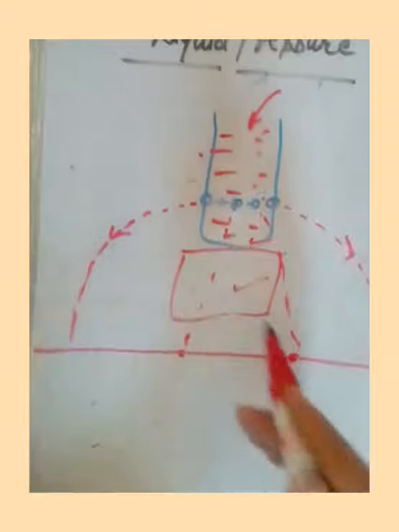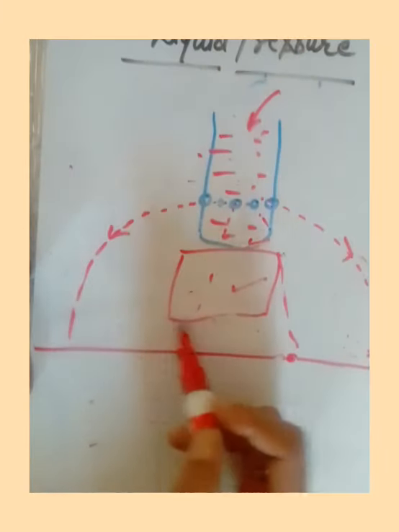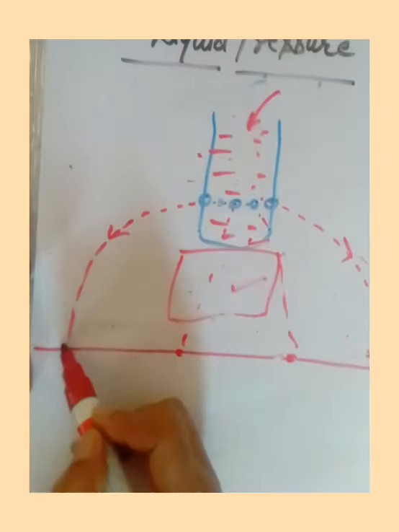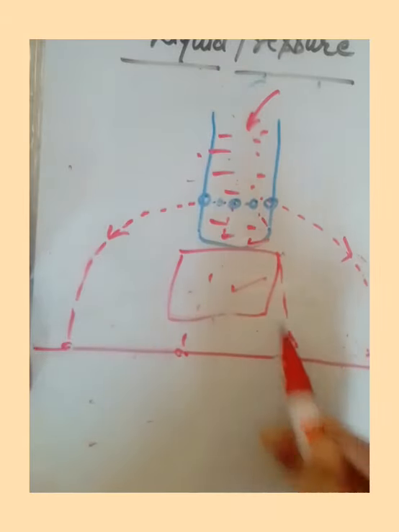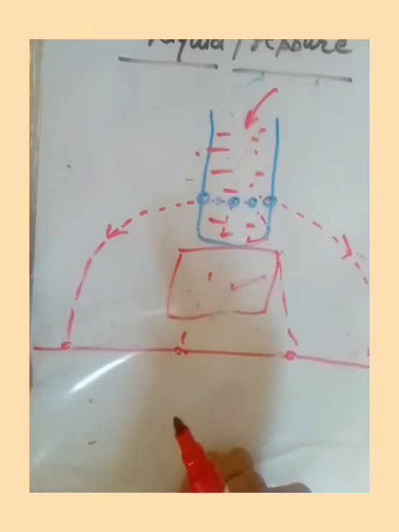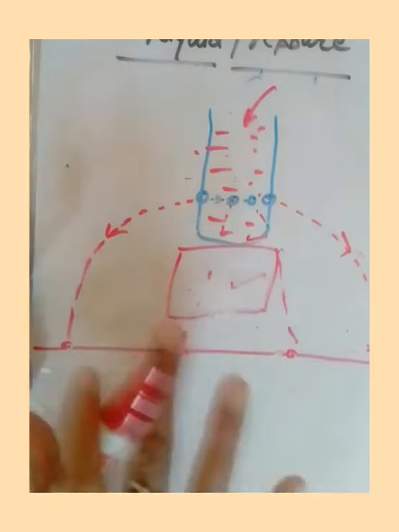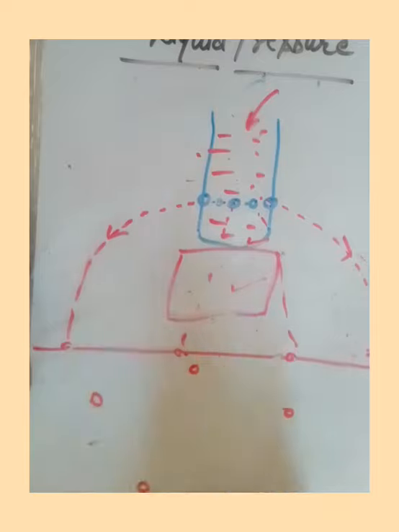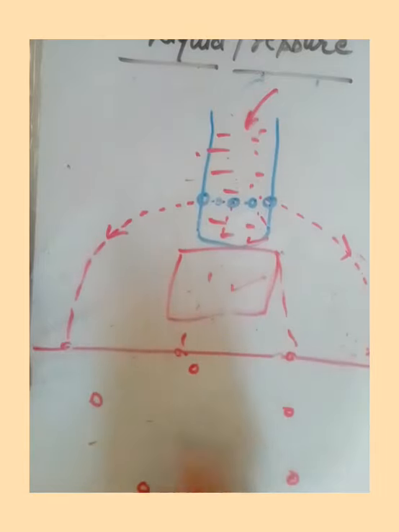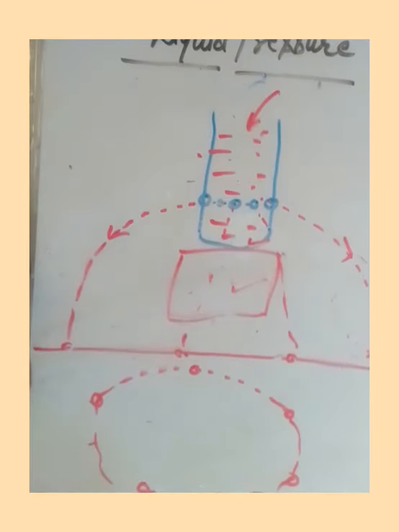After removing the bottle and this, now observe the points where the water has fallen, and join those points. When we join all those points, you will find a closed figure formed.